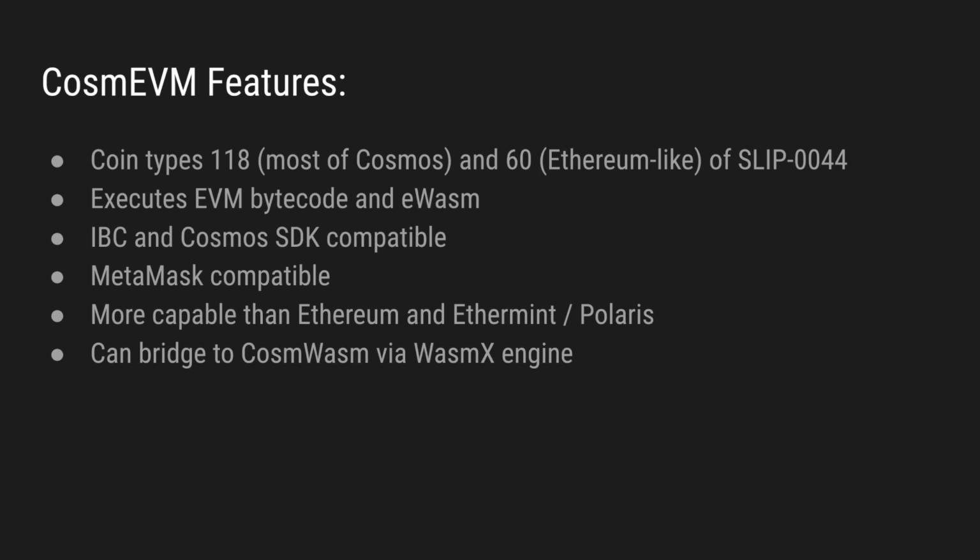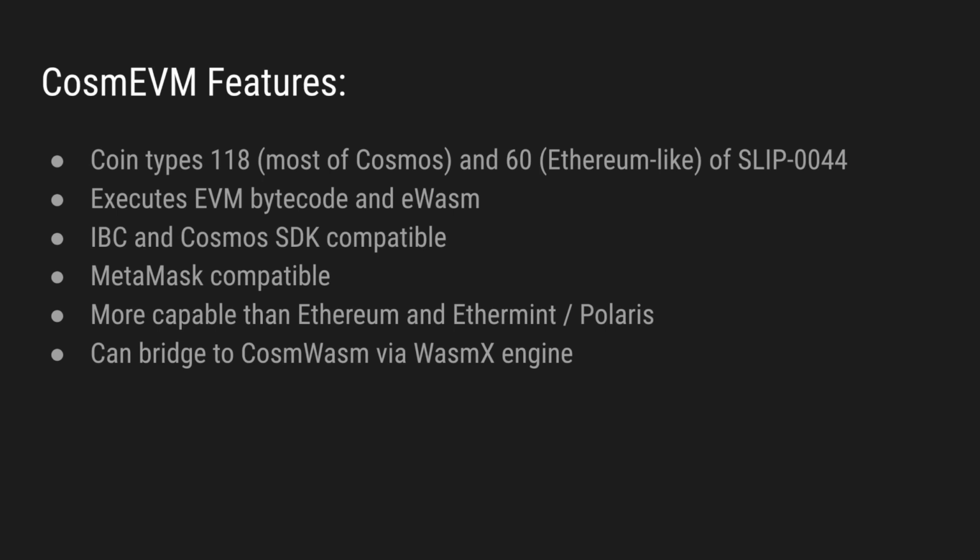I have showed you EVM code that is stored as is and interpreted by one or more EVM interpreter contracts, while the interpreter contracts themselves are WebAssembly modules executed in our WasmX virtual environment.